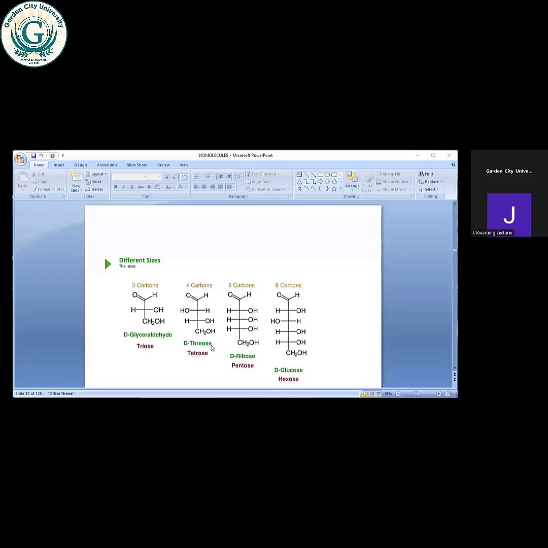So erythrose and erythrulose are all forms of tetrose.